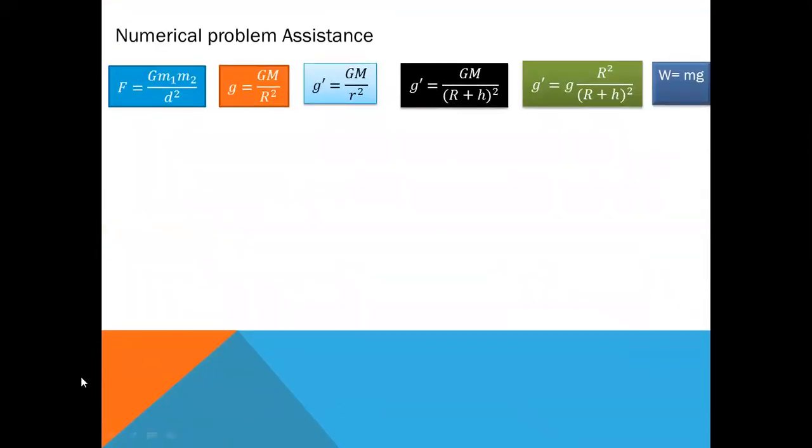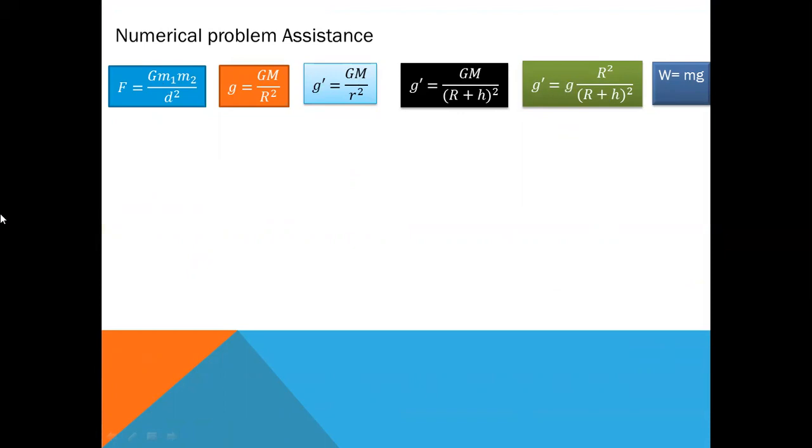Numerical problem assistance. We have to carry out some numerical problems in this chapter on the basis of these formulas: F is equal to G m1 m2 by r square, g is equal to GM by r square, g dash is equal to GM by (r plus h) whole square, g dash is equal to g times r square by (r plus h) whole square, and W is equal to m into g.